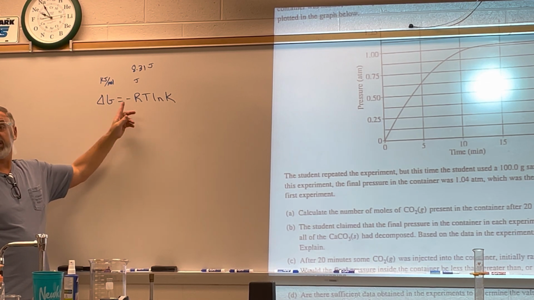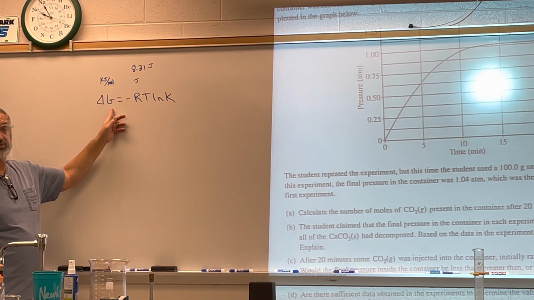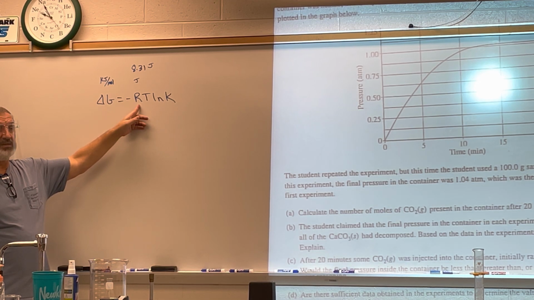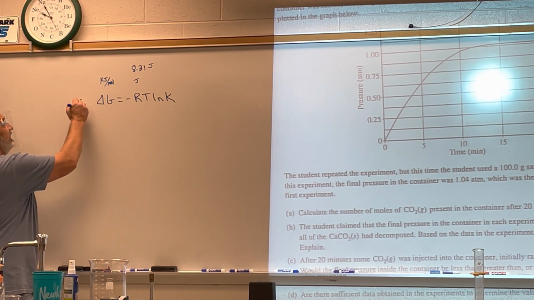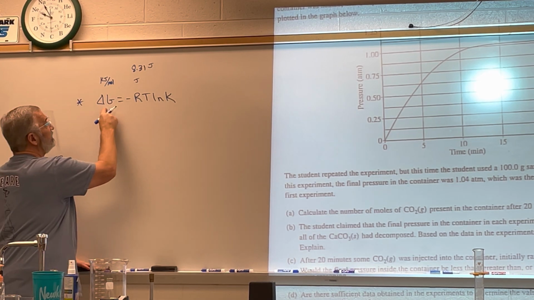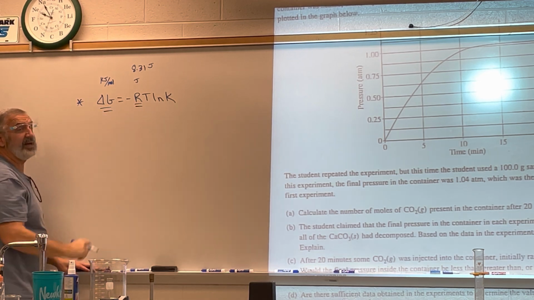Convert them, okay? And in this case, I would probably convert the G to joules instead of the R to kilojoules. Okay? So this is just plugging in. If we need to calculate the value of K, if you know delta G from K, you just got to make sure the units on these 2 match.